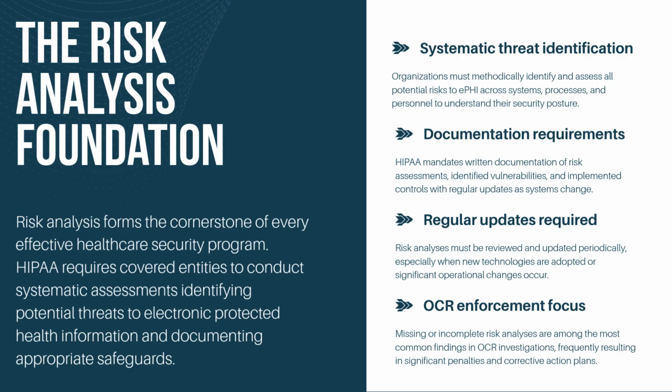That assessment must be written down and it must be updated regularly, especially when new technologies are adopted or significant operational changes occur. Missing or incomplete risk analyses are among the most common findings in OCR investigations, frequently resulting in significant penalties. As you saw in the Montefiore case from Lesson 1, failure to conduct a proper risk analysis is the single most cited HIPAA violation.